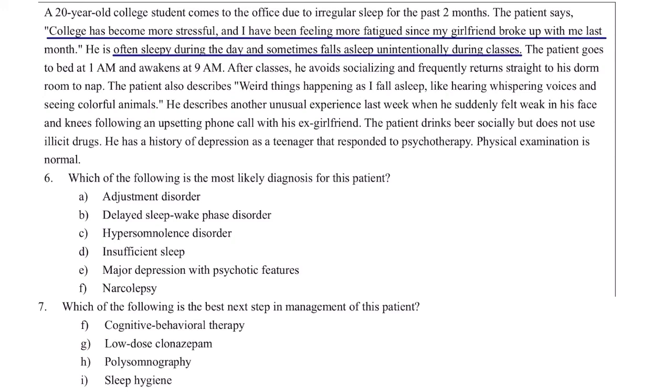The patient goes to bed at 1 a.m. and awakens at 9 a.m., which is normal for a college student. After classes, he avoids socializing and frequently returns to his dorm to nap. The patient also describes, "Weird things happen as I fall asleep, like I hear whispers and see colorful animals, hallucinations."